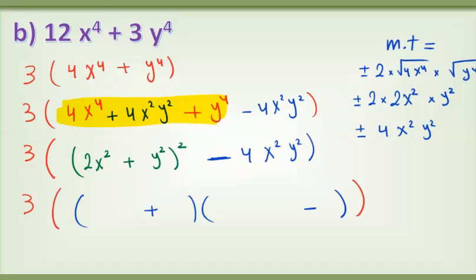To factorize it, we take the square root of the first term, which is this bracket: the square root of (2x power 2 plus y power 2) all power 2 equals 2x power 2 plus y power 2, and in the other bracket also 2x power 2 plus y power 2. And the square root of 4x power 2 y power 2 equals 2xy, and here 2xy.